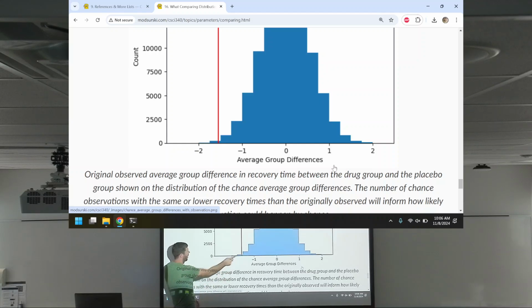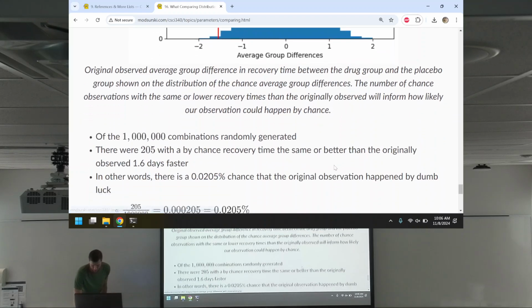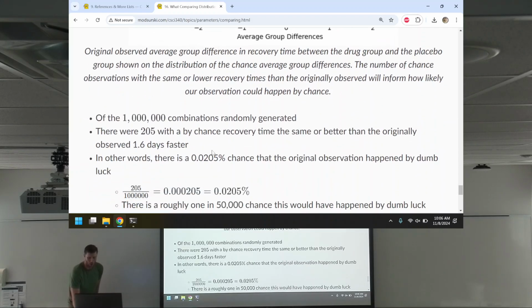Of 1,000,000, I don't know, how many are there? I probably have it written down. There were 205 observations that had a recovery time with the same or better.